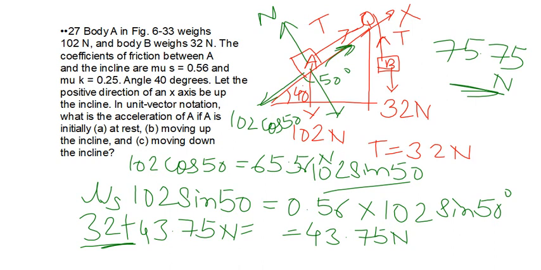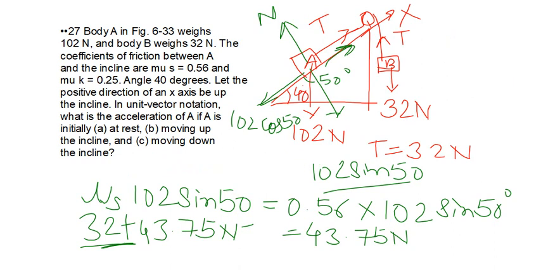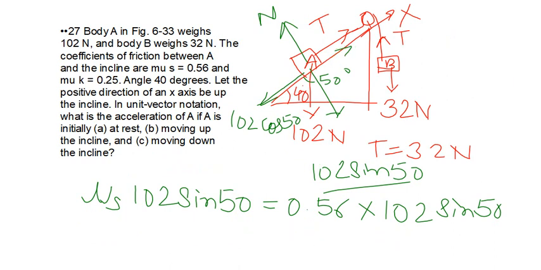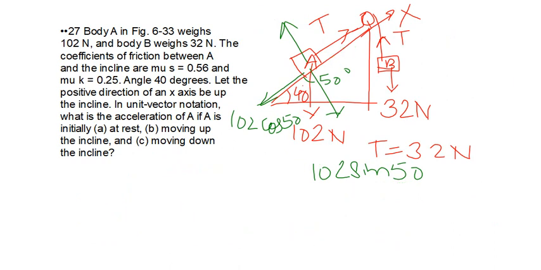Now let's take a case when the block is moving up the incline. Now if it is moving up the incline, we'll take the acceleration up as A. Now the frictional force will act down. Because it is moving, we need to use the kinetic coefficient of friction.